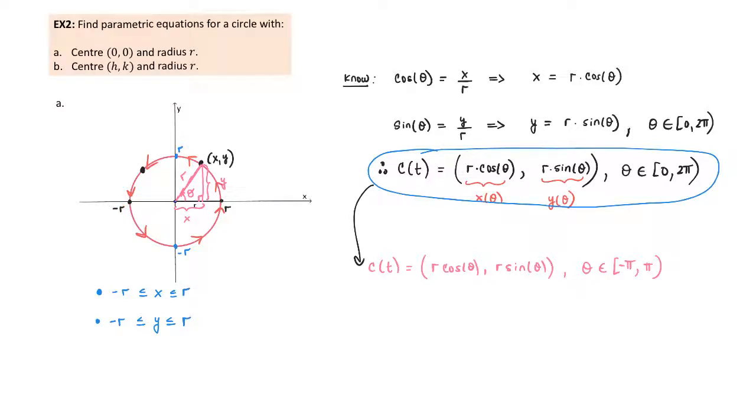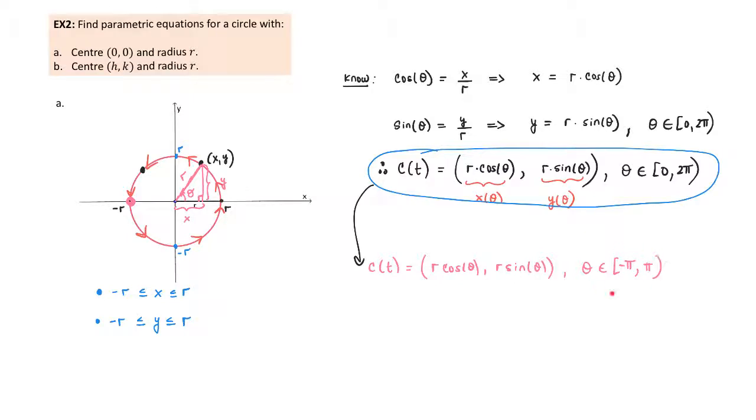So by letting theta go from negative pi, all that you did was to change the beginning of the motion. So now you decided to make this the starting point, as opposed to this one right here. If theta goes from 0 to 2 pi, you're starting right here at r comma 0 on the positive x-axis.